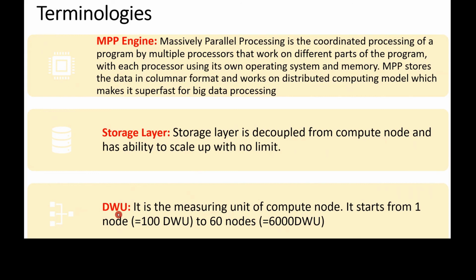And the last term that we have to understand is data warehousing unit. As I told, this is the measuring unit of compute node. One compute node is equivalent to 100 data warehousing units. And in MPP architecture, it can contain 60 nodes maximum, which means it can scale up to 6,000 data warehousing units. These are the important terminologies.